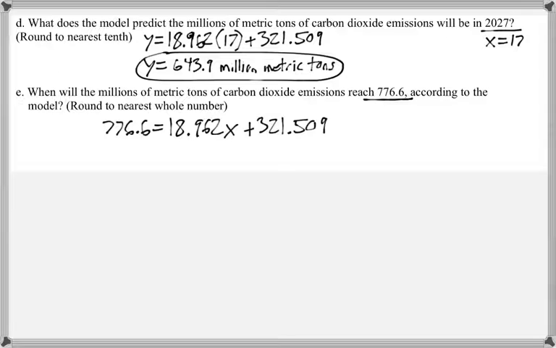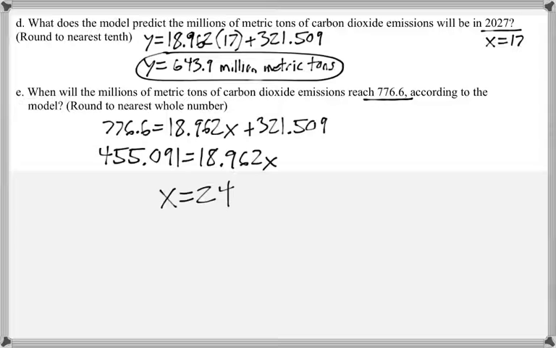So if I subtract the 321 from both sides, and then divide both sides by 18.962, and then they also want us to round to the nearest whole number, then we should get 24. So X is equal to 24.